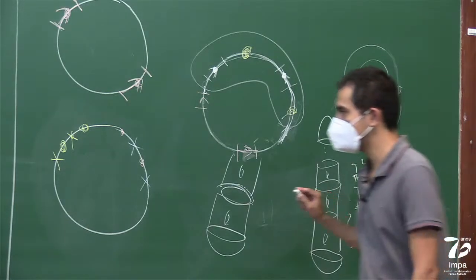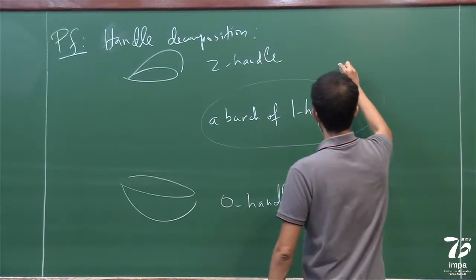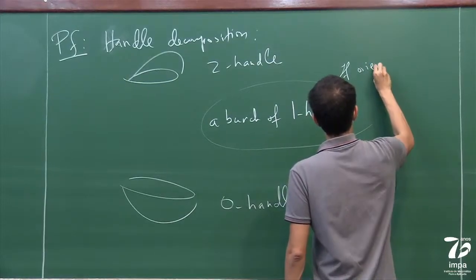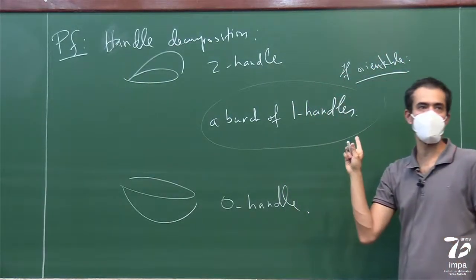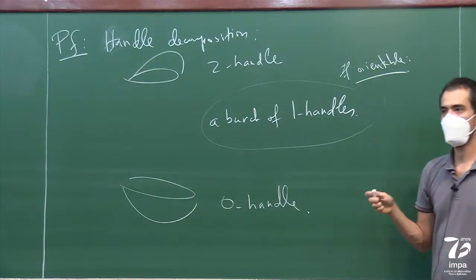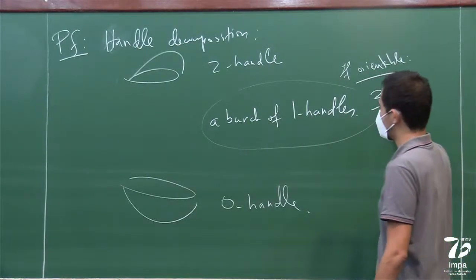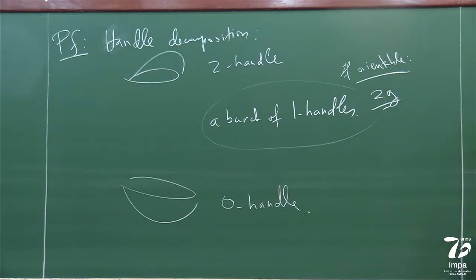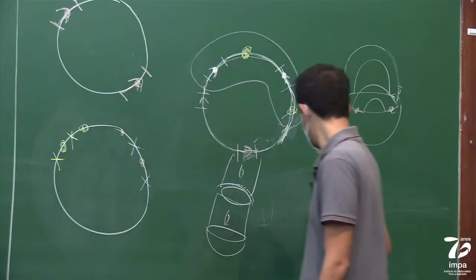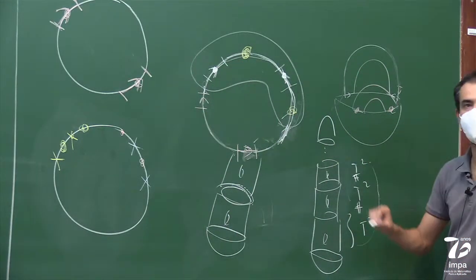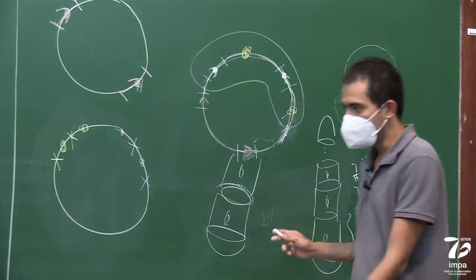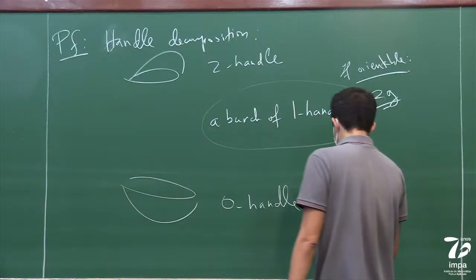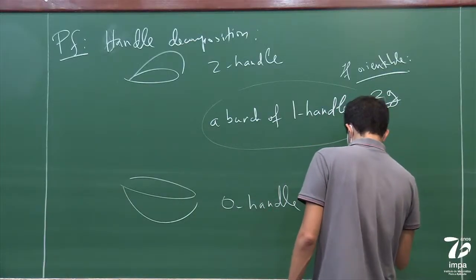So basically, if orientable, then I have to have an even number of one handles. So I have 2G one handles, and that means they come in pairs. So I'm going to have G tori. So basically at the end you have the connected sum of G tori.